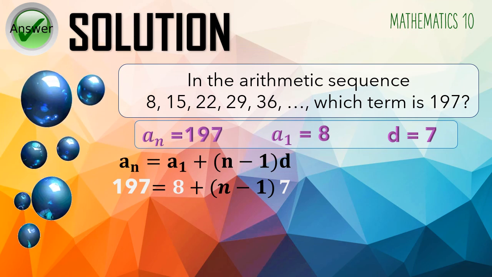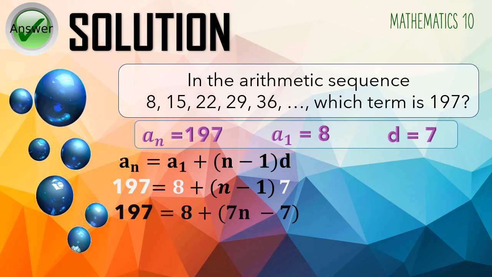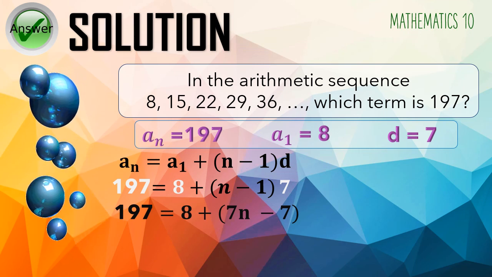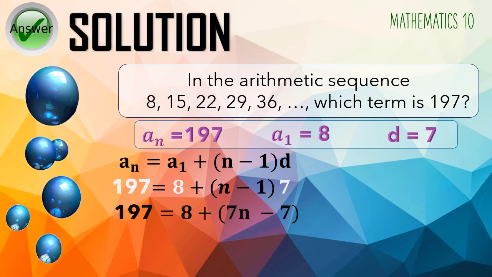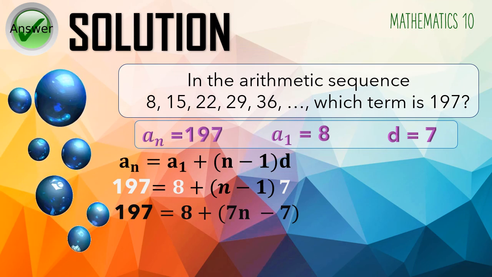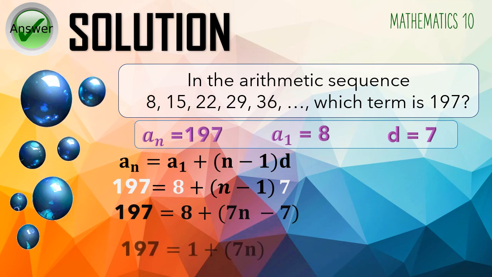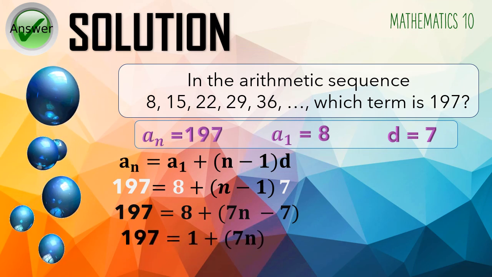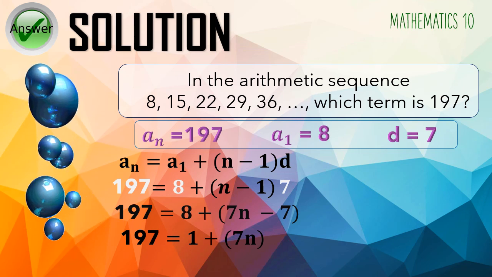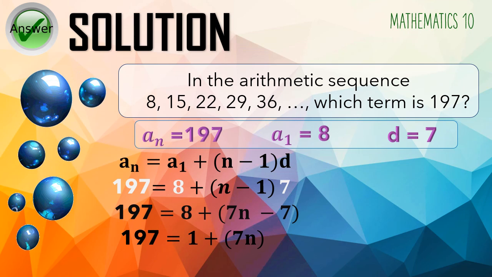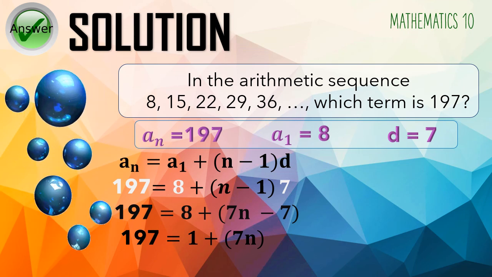So that means 7 times n, 7n, and 7 times negative 1, negative 7. And then, looking at the right side of the equation, we do have like terms here. We have positive 8 and negative 7, so we need to combine those two. So we'll have positive 1.